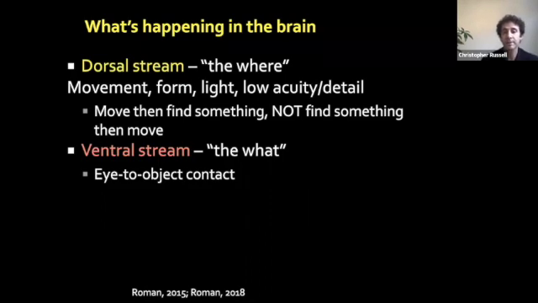Your ventral stream is what gives you information about what you're looking at. It gives you information about detail, and it also connects to your other cognitive processing centers to start to categorize and classify what you're seeing. You can think of the ventral stream almost as the Google image bank of your brain.